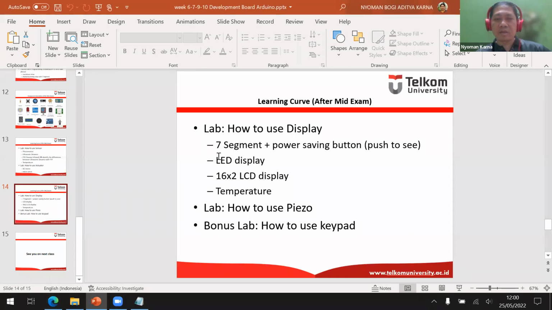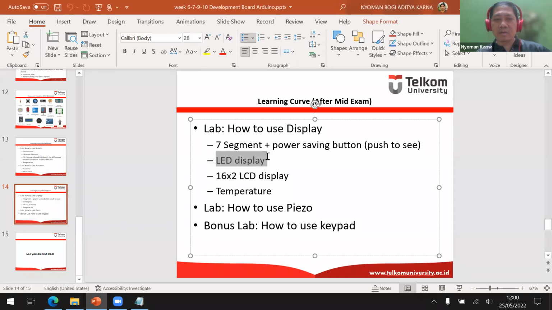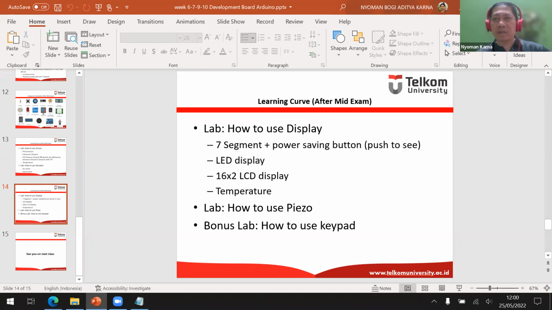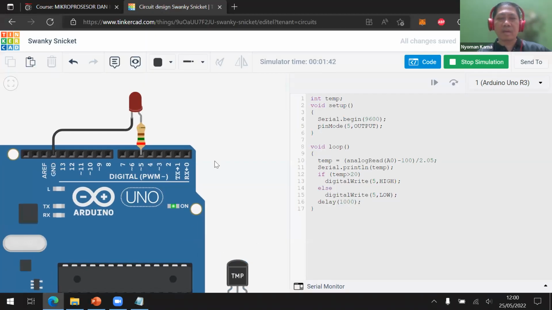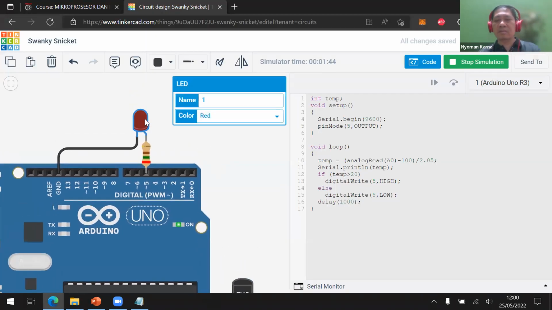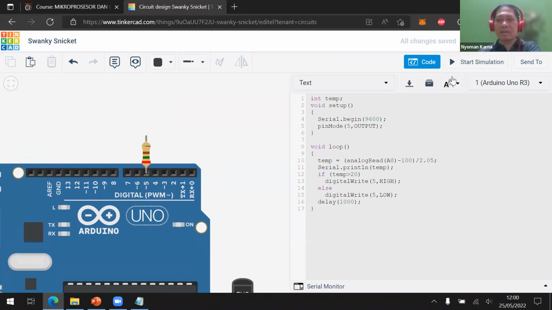We already did the LED display. Now let's use the 7 segment. Okay, 7 segment. So let's remove this one. Now, where is the 7 segment?